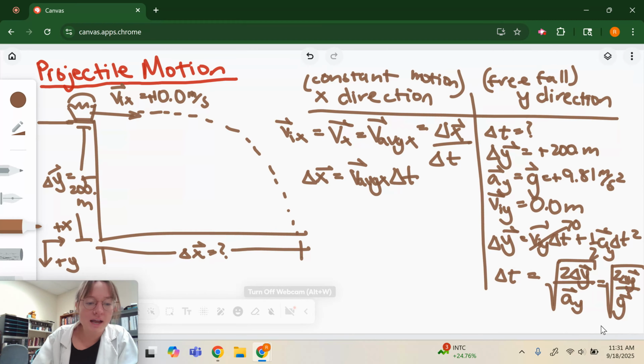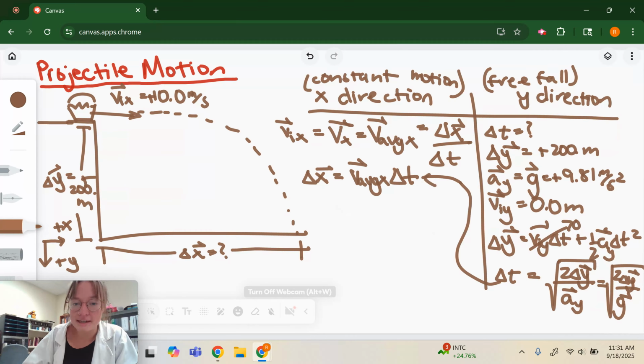This is the part where I ask students, can we plug in numbers now? And some students are like, yes, and I'm like, no, don't do it, because delta t is not my end game. My end game is delta x. That's what I'm solving for. So I'm not going to plug in numbers here and get a value for time. What I am going to do is plug in an algebraic expression for delta t here, and then I'll plug in numbers.